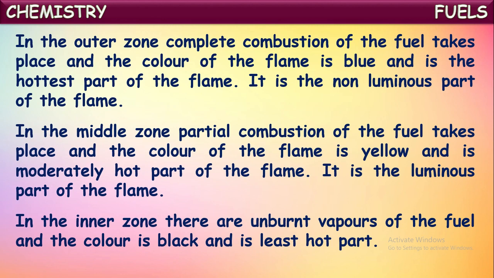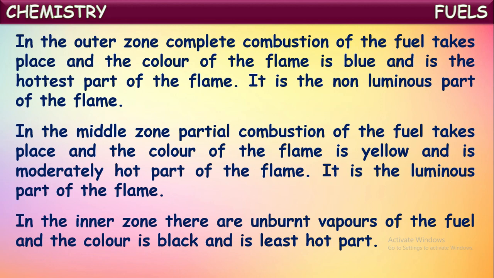That's why unburnt vapors are present in the innermost zone, and the color of the flame in this innermost zone is black. As it is not burning there, it is the least hot part of the flame. The innermost zone is the least hot part because unburnt vapors of fuel are present there. They are not burning because of the non-supply of air to that zone.